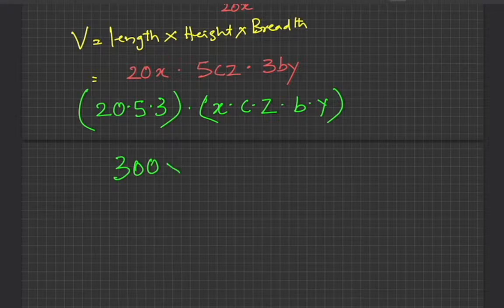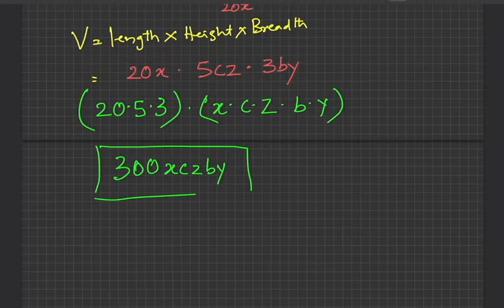So we just multiply them. So x, c, z, t, y. This is your volume of the cuboid.